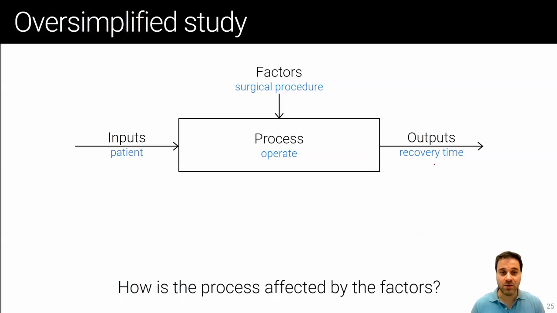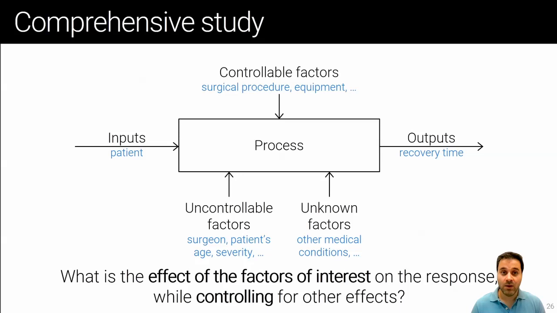Another example we saw was the surgical procedure to operate on a certain patient, and then looking at the recovery time. Again, there's plenty of other factors that influence the recovery time. We could think, for instance, about the equipment, which might be something that we can control. Maybe there's a surgical procedure that works very well only if we use a certain kind of equipment. We need to control for that variable. And then there's plenty of other factors that we can measure but cannot control.